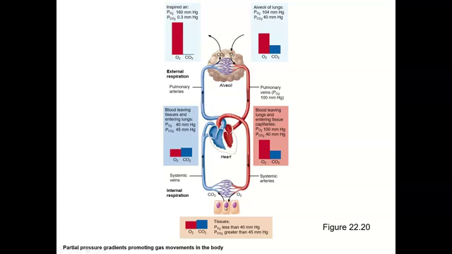Okay, so the cells now have taken up our oxygen, got rid of CO2, so now we travel along, going back to the heart with the deoxygenated blood, and you can see we've only got 40 now of oxygen, 45 of CO2.